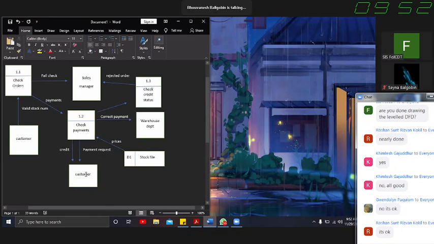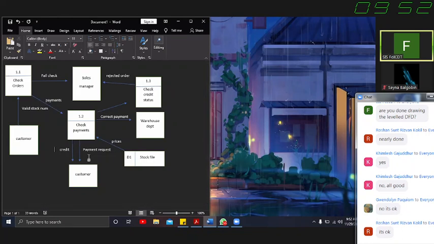Because the issue is whenever a customer is doing credit, it's a separate process from whenever it's cash payment, so you can separate them to avoid confusion. Because in reality, if a customer is doing cash, it will be a different process, and credit is another process. So rejected order goes to sales manager, correct payment goes to warehouse.